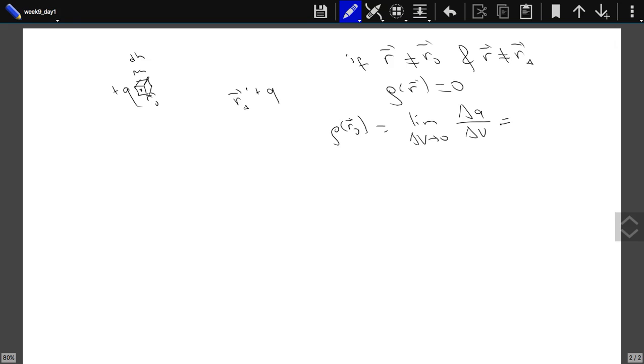Q. Whatever the size of the cube is, as long as the charge q is at the center, the total charge of the cube is q. The volume of the cube is dh cubed. So what is this limit? As dh goes to 0, q is finite, so we have a number divided by 0. That is infinite.